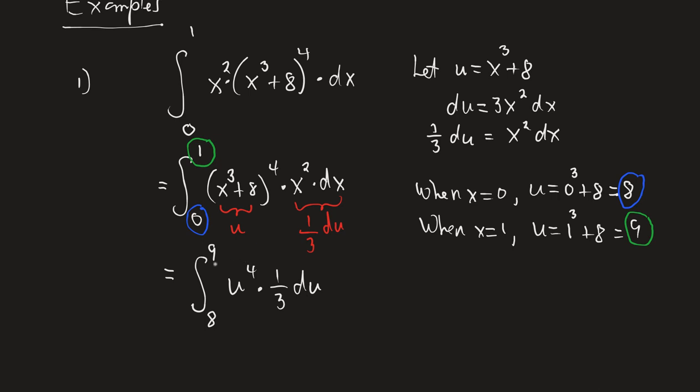There's no need to switch back to an x, because the theorem is saying, for instance, let's say we were to do some algebra and FOIL this out, which we could do because the 4 isn't that large. Technically we could FOIL this out, integrate with respect to x, and get a number.